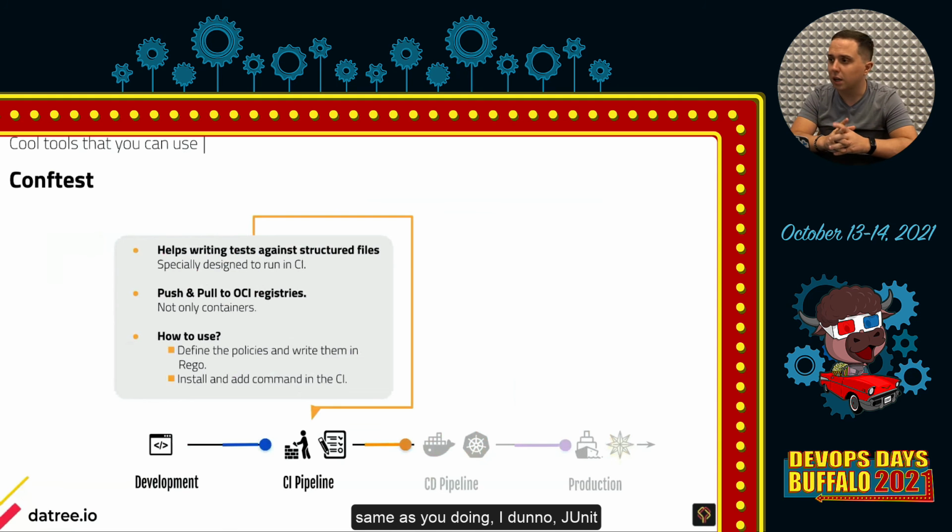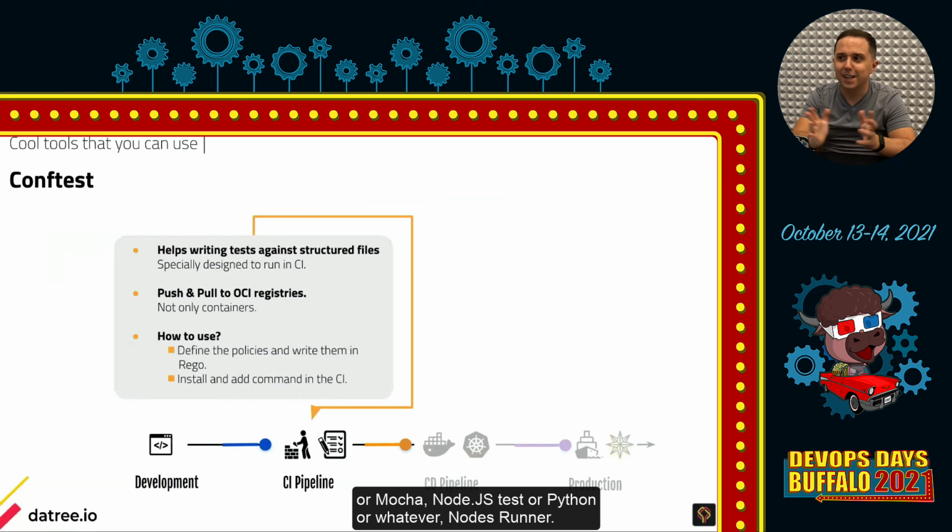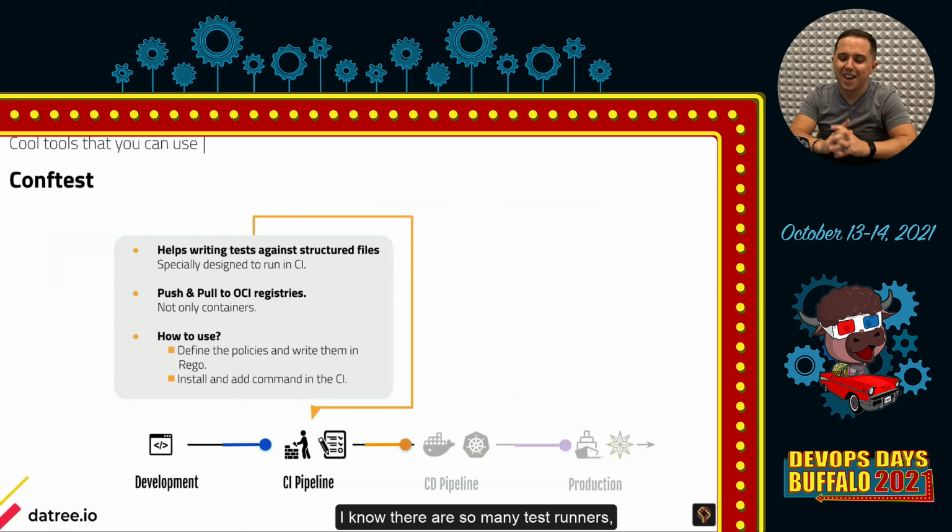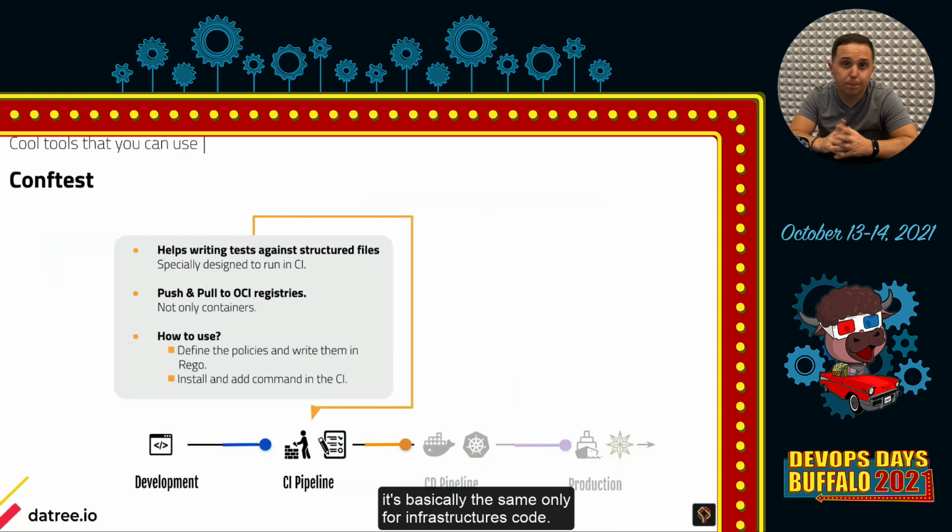Same as you do in, I don't know, JUnit or Mocha, Node.js tests, or Python, or whatever, Nose Runner. There are so many test runners. Any language unit testing that you do, it's basically the same, only for infrastructure as code. And it can be run on the developer's computer and in CI/CD.